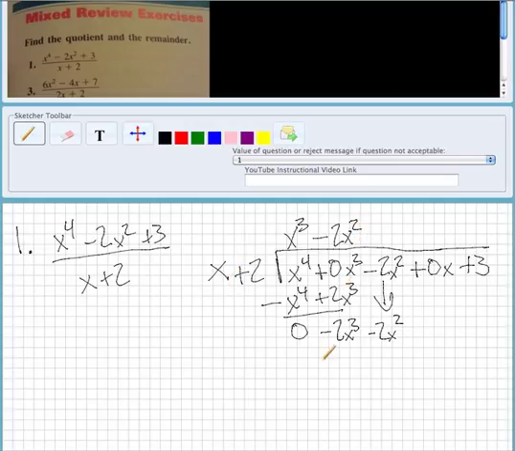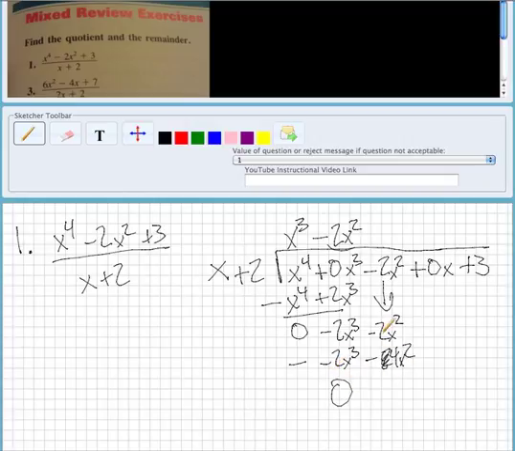So if we multiply it by that, it's going to be negative 2x cubed. If we multiply this by 2, it's going to be negative 4x squared. And if we subtract this, this is going to go to 0 again.